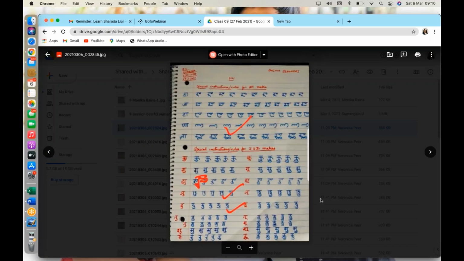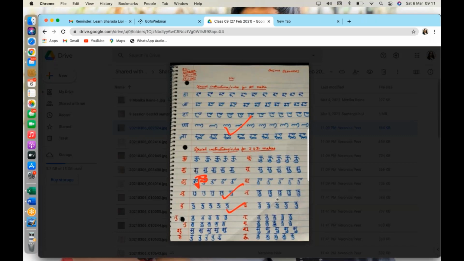This is another assignment. Pretty much all is correct. Very neatly drawn. In fact, making special instructions, writing these, making sure that you mention the special way to write or instructions or rules, comes in handy as reference material later.